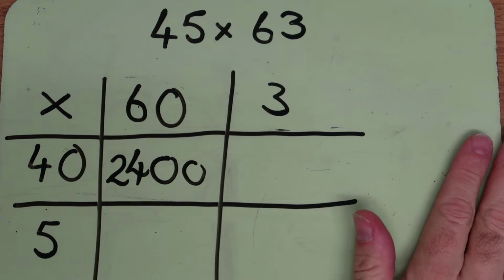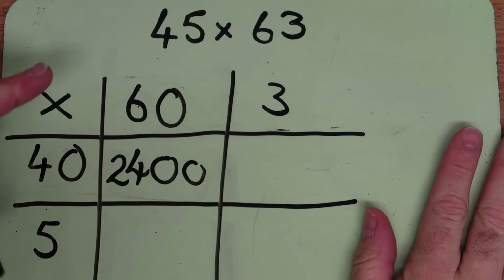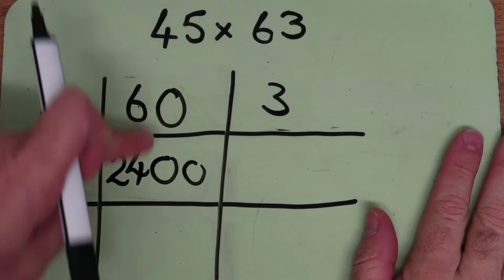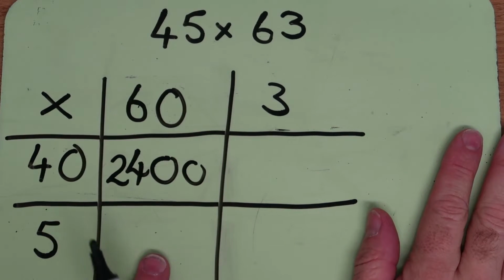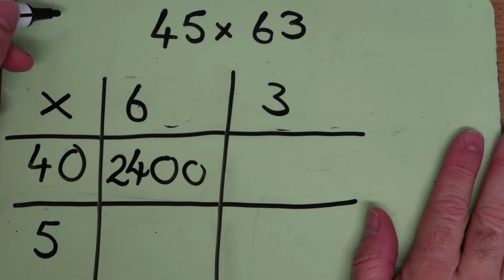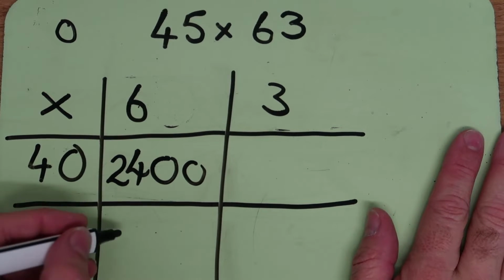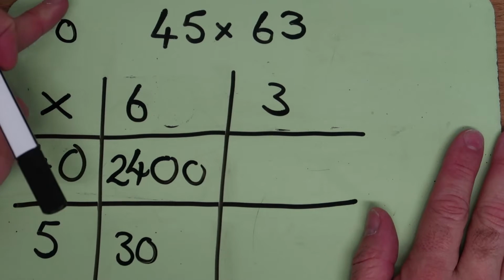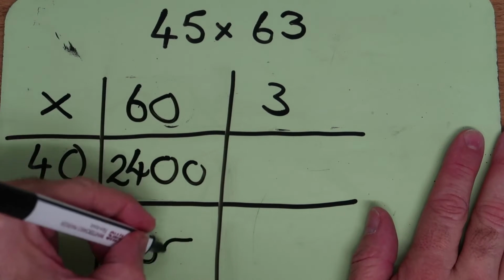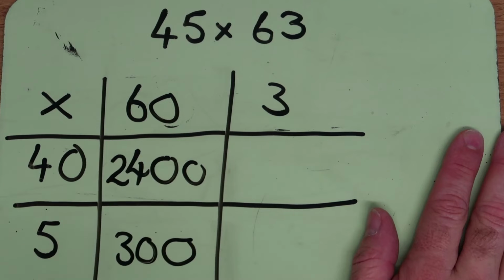We're going to repeat this process now for all the other numbers. So we're going to do 5 times 60, which goes in this box. We take off the 0 and pop it up there for a moment to keep it safe. We do 5 times 6, which is 30, and then we bring the 0 back to make that 60 times 5, which is 300.